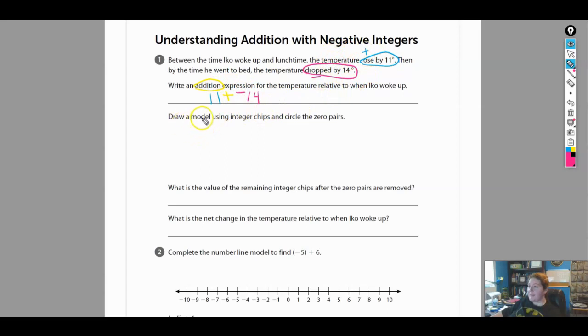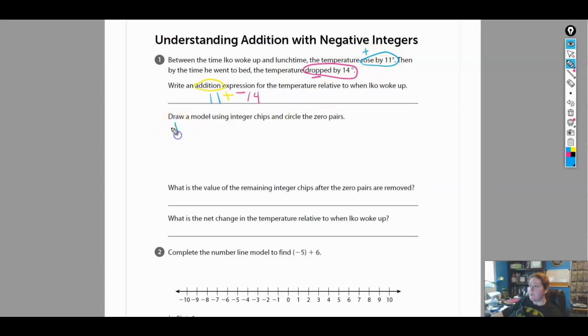All right, my next set says to draw a model using integer chips and circle zero pairs. Chips is just drawings. What drawings am I going to use? I'm going to use blue to represent my positives. How many positives do I have? I have 11 of them.